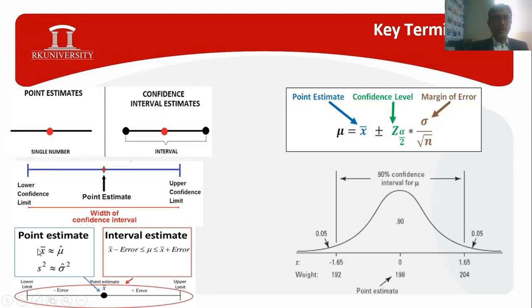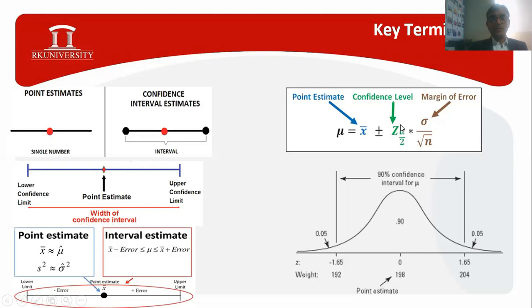So here, assuming that x bar will be approximately equal to mu, that means the population mean, we are trying to estimate that it may fall within this range. So that's how the formula for confidence interval will be framed: mu is equal to x bar, which is the point estimate, plus or minus the confidence level, which can be 90%, 95%, 80%, depending on the researcher.